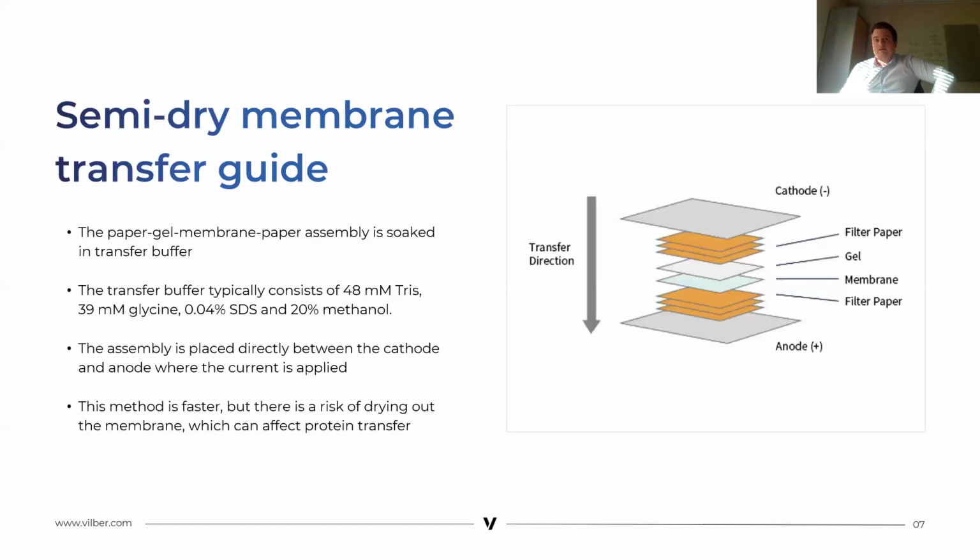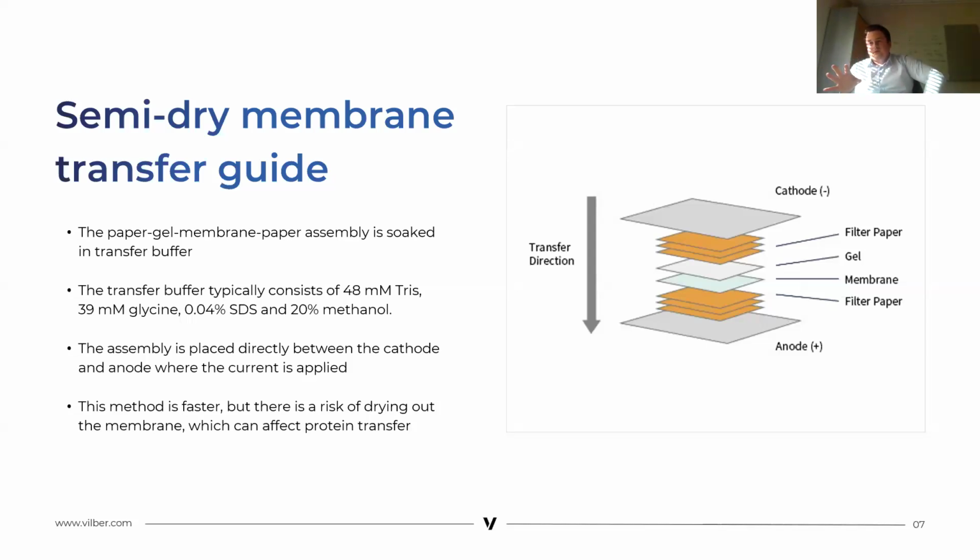And the second technique is the semi-dry membrane transfer. It's faster than the wet transfer. The gel membrane sandwich is placed between electrode plates soaked in a transfer buffer. It can reduce the transfer time significantly, as I said.